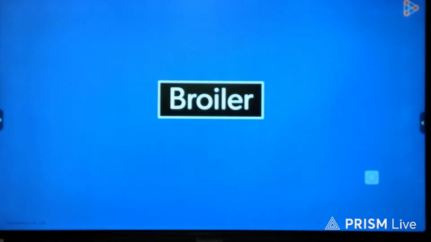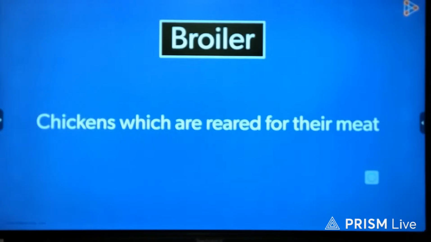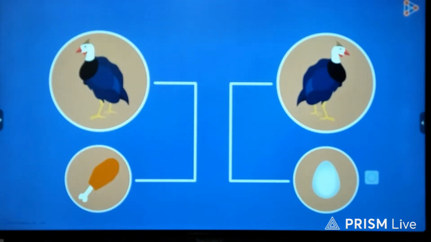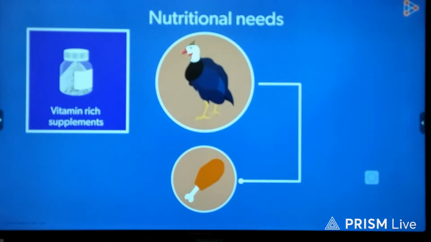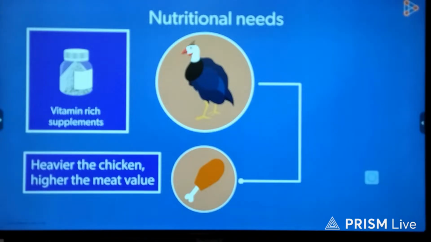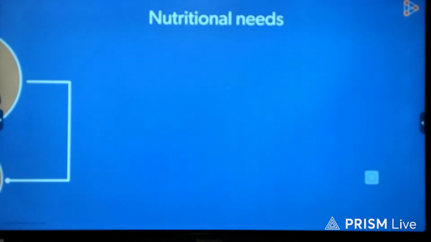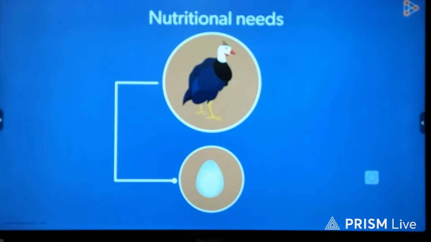What is a broiler? The chickens which are reared specifically for their meat are called broilers. Once we have two types of fowls serving two different purposes, we have a better idea of what their nutritional needs are. Broilers will have to be fed with vitamin-rich supplements in order to increase their growth rate. Heavier the chicken, higher will be its meat value. What about the fowls that lay eggs? They do not require a very heavy body.